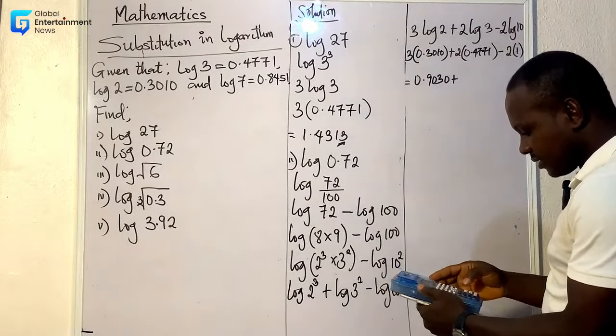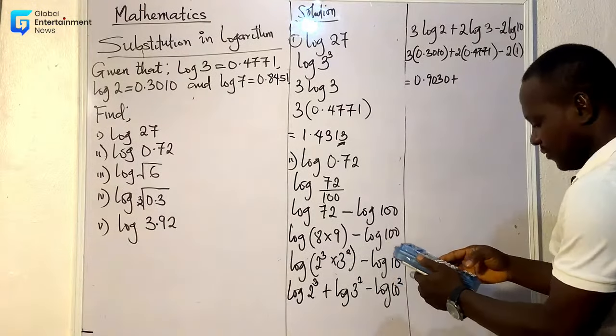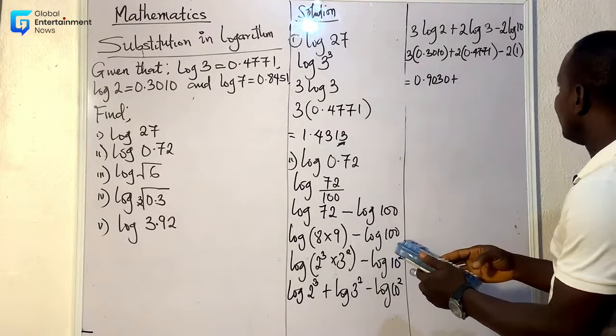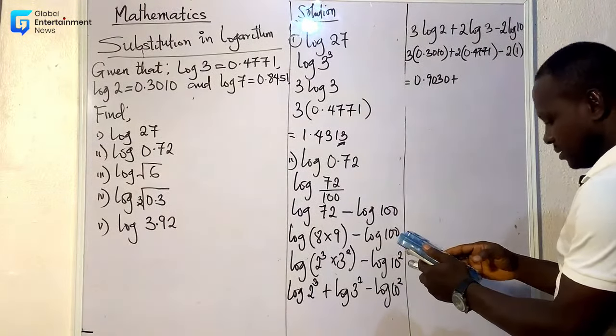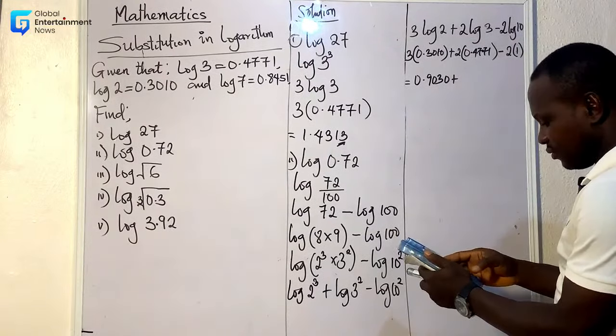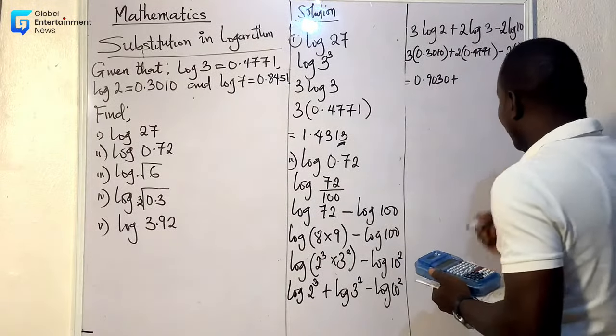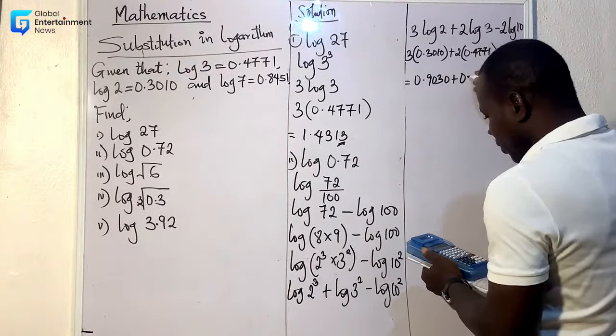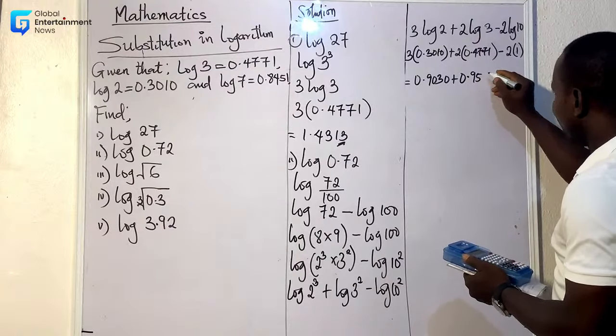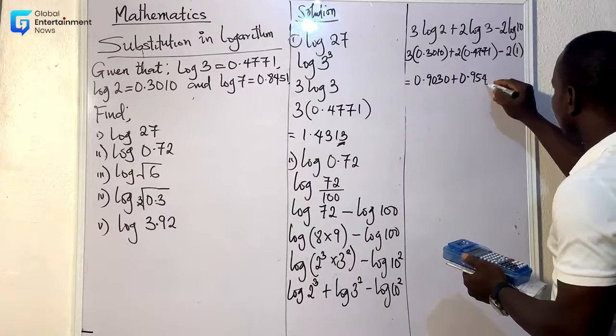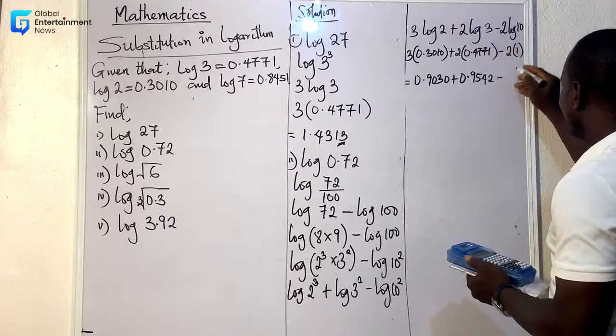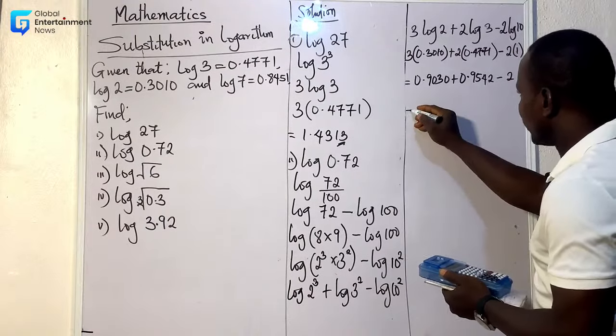We have 2 times 0.4771. So what we have here is 0.9542 minus 2 times 1, which is 2.